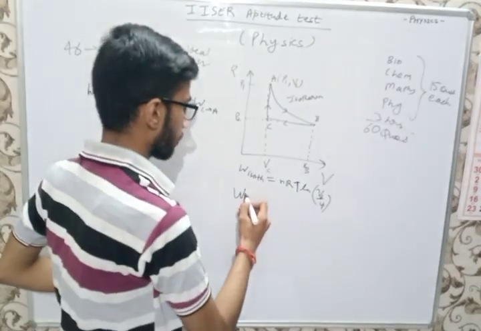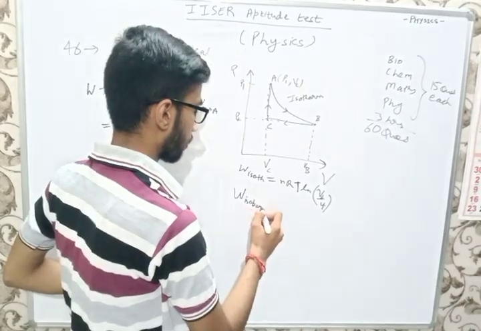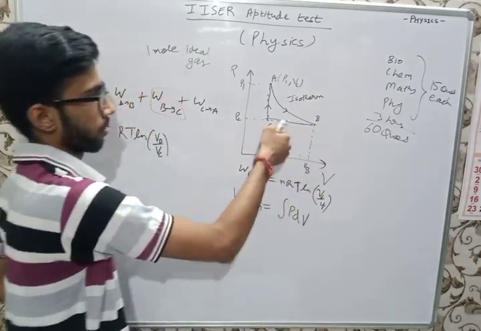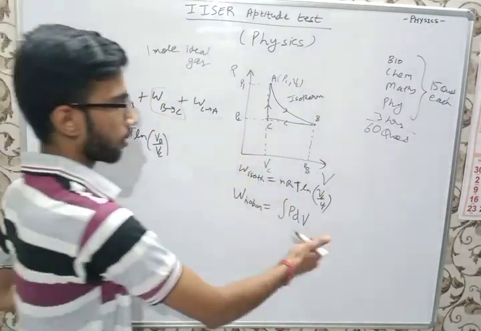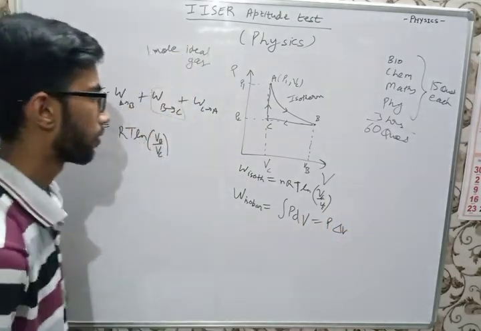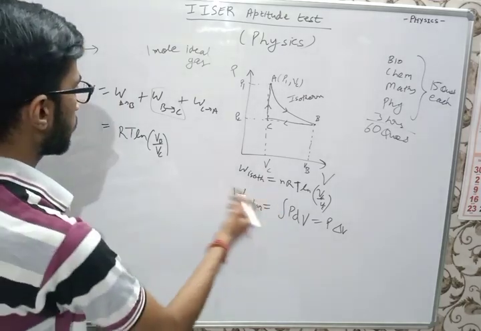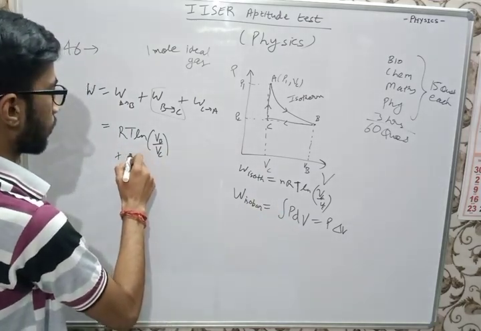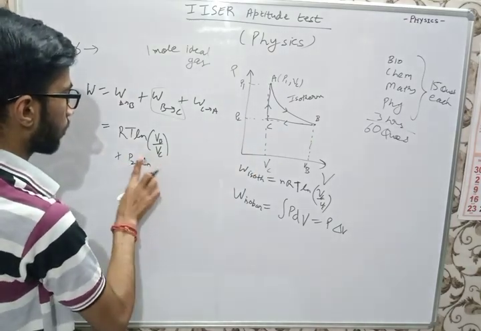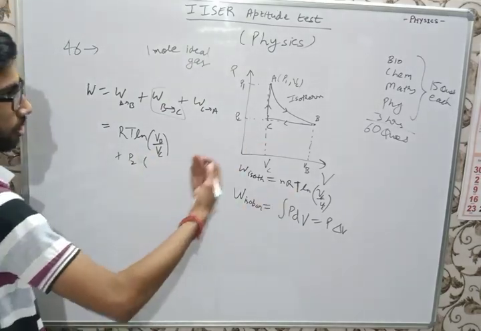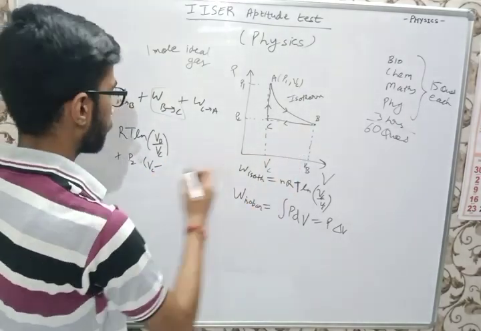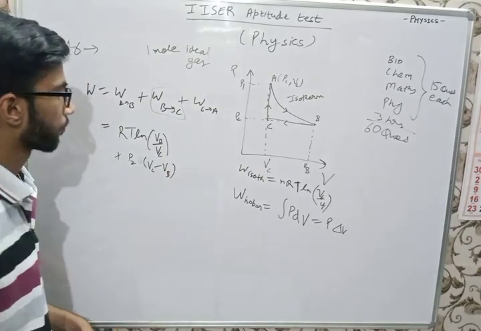In isobaric process, the work is integral P dV, and since P is constant, you can take it out of the integral and it is simply P delta V. So it is simply plus P2 delta V, where delta V means final volume minus initial volume. Final volume is Vc minus initial volume Vb.